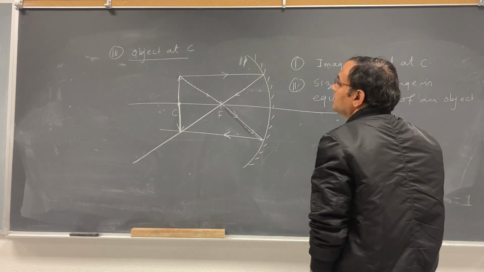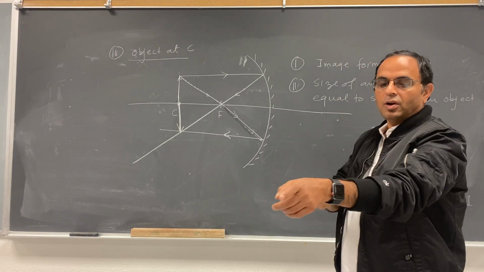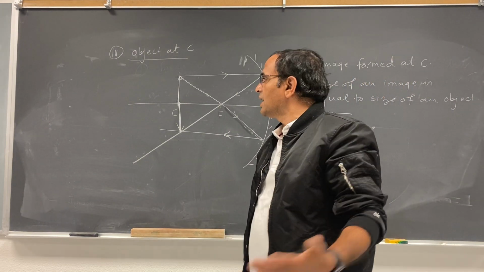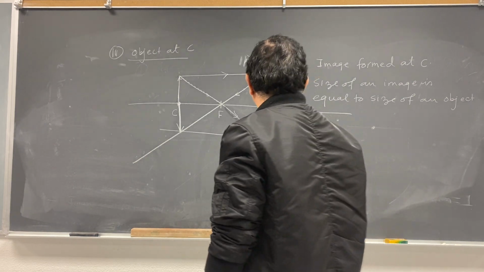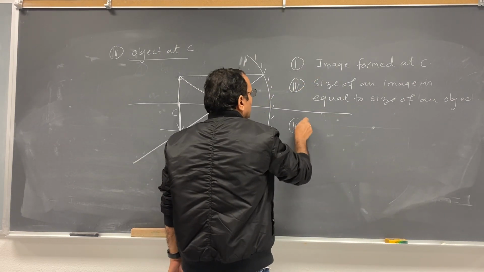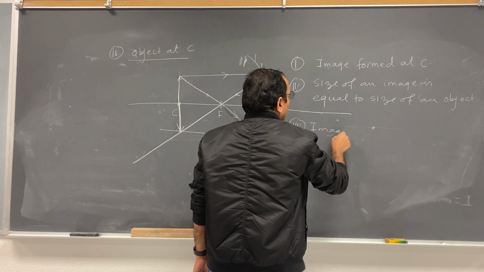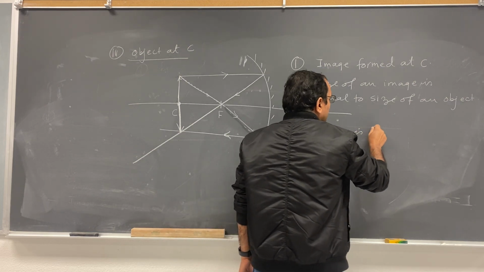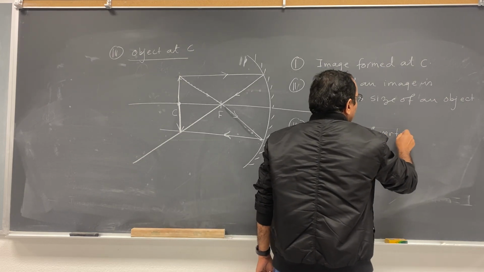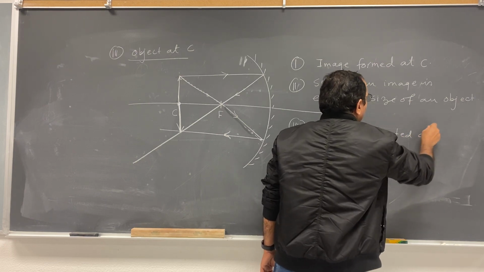This means magnification is 1. If the size of the object is equal to the size of the image, then in that case the magnification is equal to 1. And number 3, image is inverted, upside down, and real.